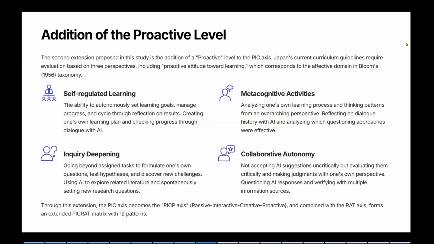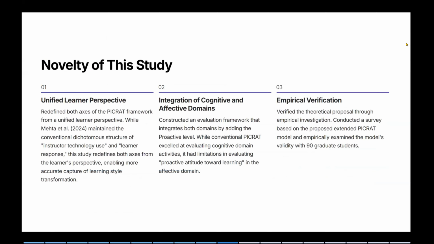Students think about their own thinking. Third, deepening inquiry. Students ask their own questions beyond the assignment. Fourth, critical evaluation. Students do not accept AI answers without checking. The new model has 12 patterns, 4 times 3.